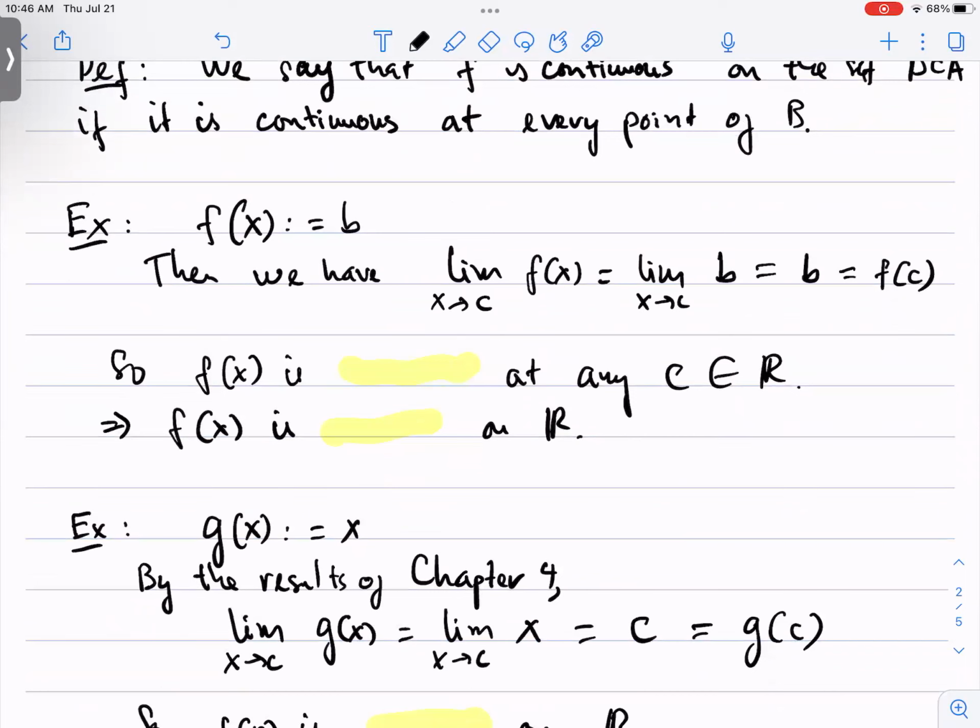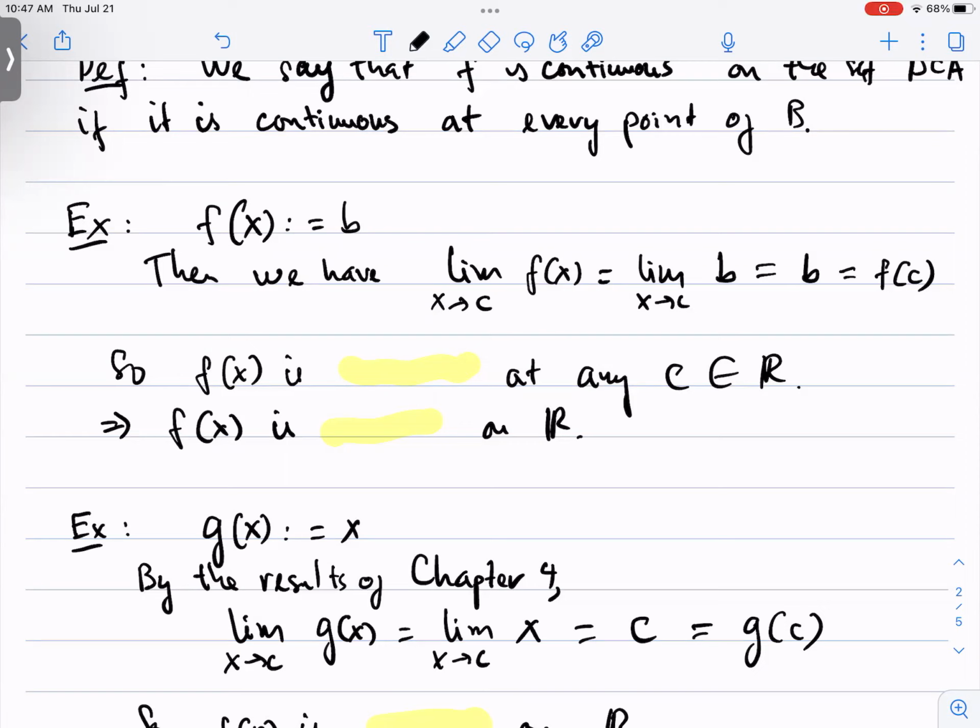Now we're going to see some examples. The function f(x) is constantly equal to a constant b. Then obviously we have the limit as x approaches c of f(x) equal to the limit as x approaches c of the number b, which equals b, and that is equal to f(c).